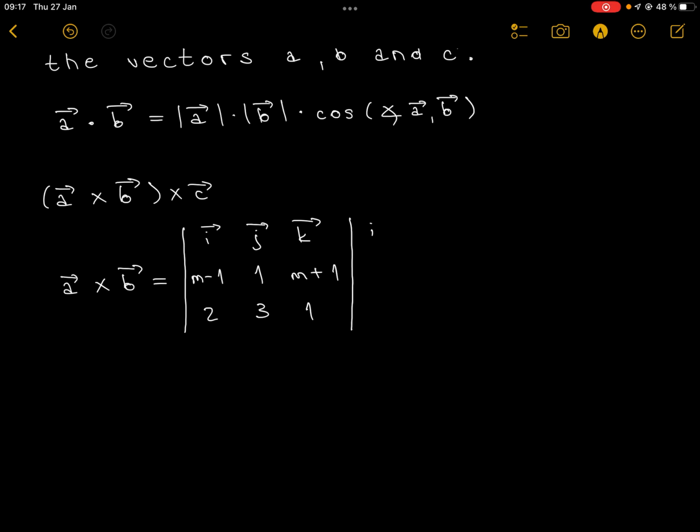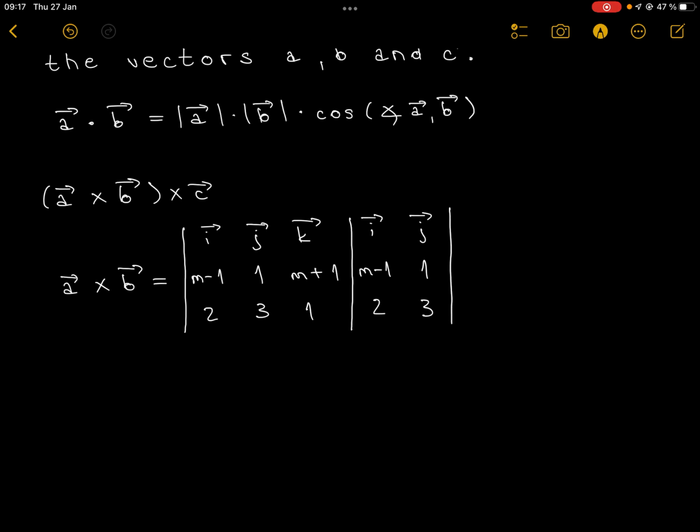Now, of course, this is a determinant, and we're going to be using a third order determinant. So I'm going to be using Sarrus's rule, with m minus 1, 1, 2, and 3.